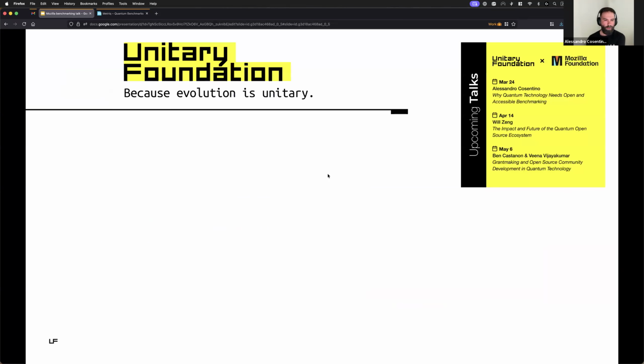So enough about me, and maybe a bit more about the Unitary Foundation. As Hannah said, it's a 501(c) nonprofit which tries to make quantum tech and quantum science more open and accessible.